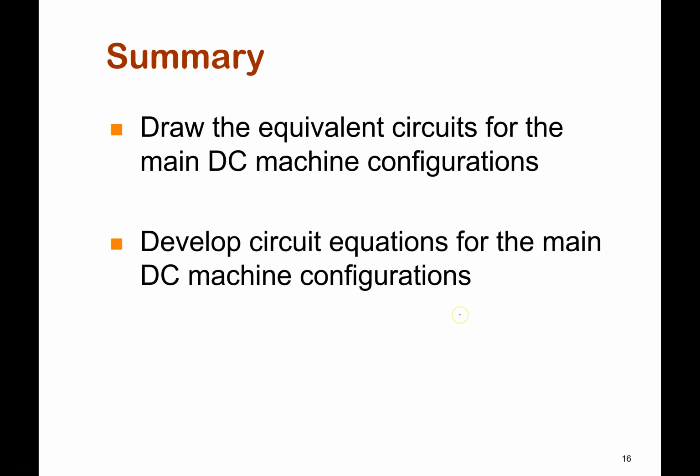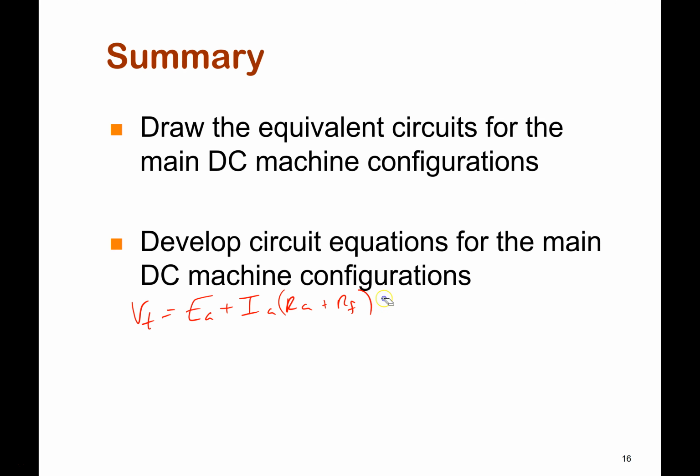Remember, whenever we're dealing with DC machines, it's just a small set of equations. If it's operating as a motor, we have VT equal to EA plus IA RA, or RA plus RF if it is a series machine.